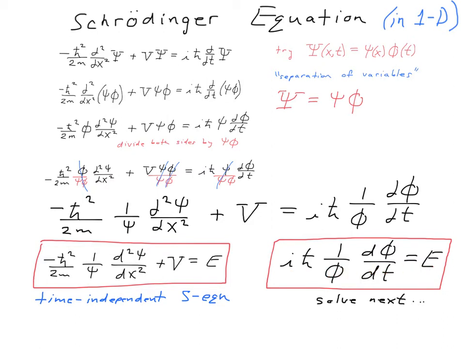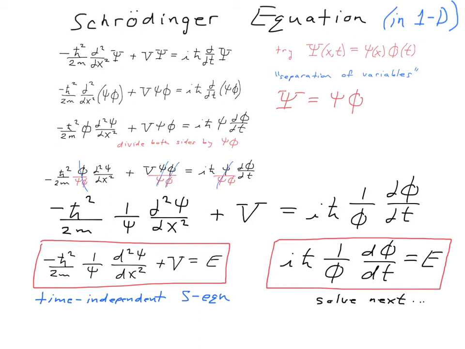So let's look at the x one. In this x equation, the little psi depends only on x. There's no time dependence. So we don't have to distinguish between the possibility of taking a derivative with respect to x and taking a derivative with respect to time. This little psi has only x dependence, so we can write this derivative as a full derivative with respect to x.